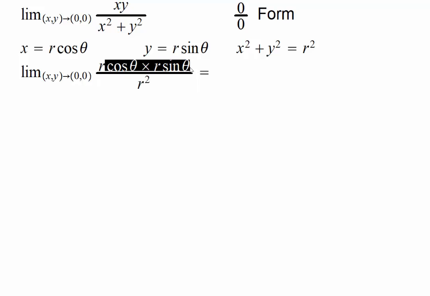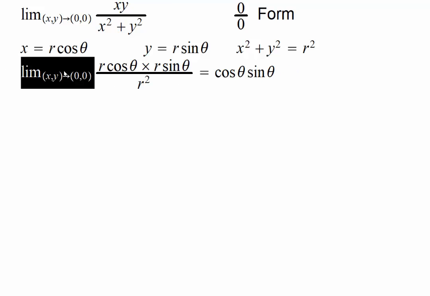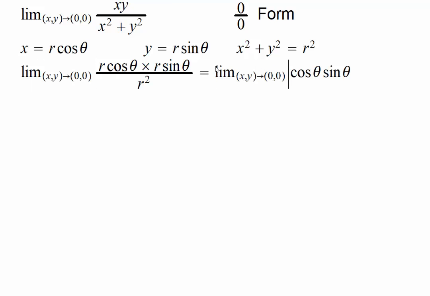So those two will cancel, right? So what it comes out to be then, the limit as (x, y) goes to (0, 0) of cosine theta sine theta, and the value of theta is going to influence the value of the limit. So for different values of theta, we will approach different values if we go via this route.